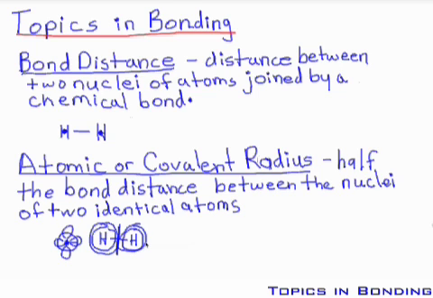All right, let's continue this discussion now by taking a look, just quickly, at a type of bond. If we were to draw a Lewis structure for the molecule HF, fluorine has 7 electrons, hydrogen has 1.